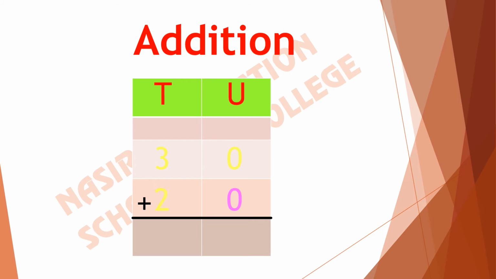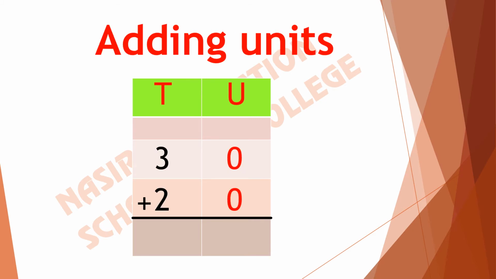So we will write 2 in the tens column and 0 in the units column. We start from units. If we add 0 and 0, what will we get now? Can you tell me? Let me tell you. In 0, if we add 0, we get 0. So we will write 0 in the units column.